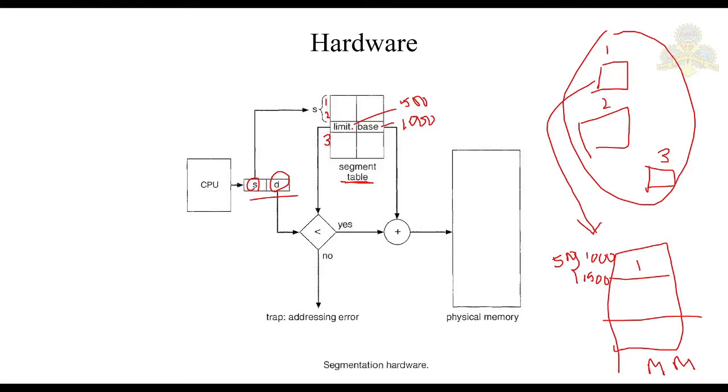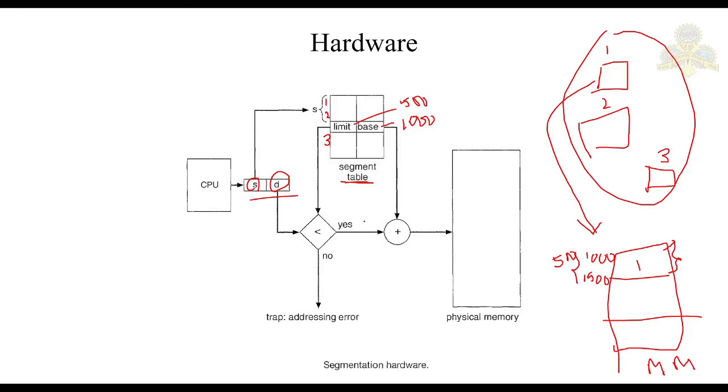You extract that, and then you compare this limit with the displacement or the offset. If the displacement, that is the actual location of the instruction, is less than the limit, it means you are trying to access an instruction between 1000 and 1500, which is valid. So it is a valid access.